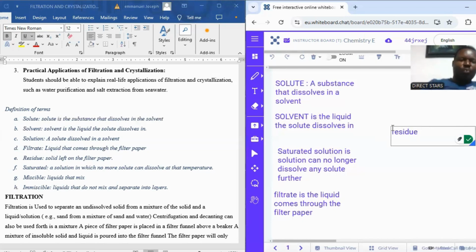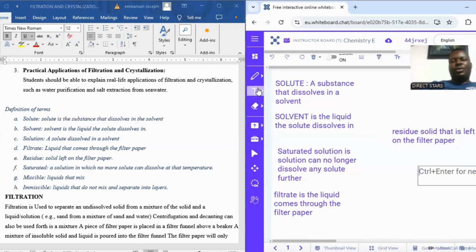The residue is what is left on the filter paper. Residue is a solid that is left on the filter paper. So take note of these major terminologies in the course of the class. We'll be making use of these terminologies, so it is good we know what they mean and when to use them.